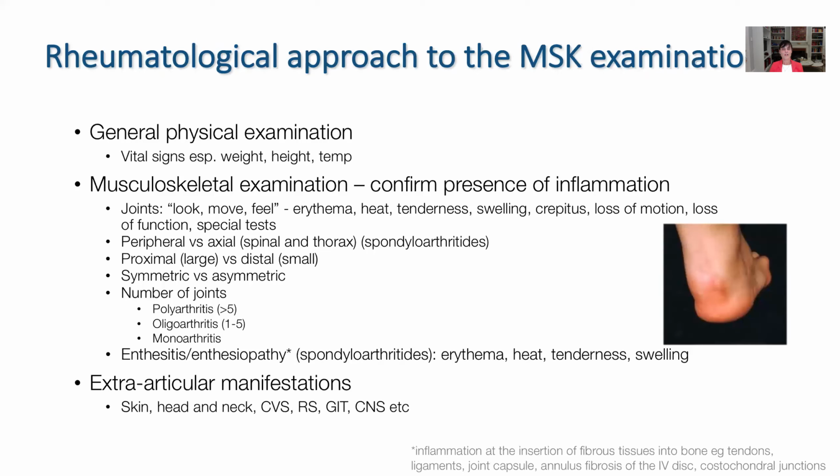The musculoskeletal examination is demonstrated in a separate video, the rheumatological approach to the musculoskeletal examination, but the general principles are listed here. In keeping with the general theme that a full rheumatological assessment must include the history and examination of all potential systems, as they may be involved in many different rheumatic diseases.